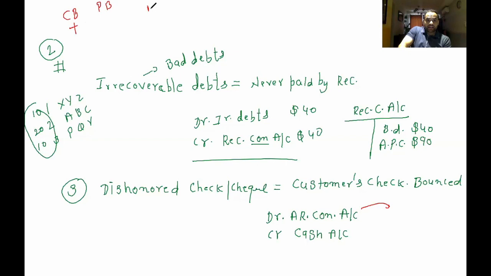Cash means accounts receivable finished. No accounts receivable. But the check is dishonored. All right. So we have to minus. Which means accounts receivable still stays there. It's not reduced. So here accounts receivable decreases because cash increases, but here it's minus. So which means cash reduces, accounts receivable increases.